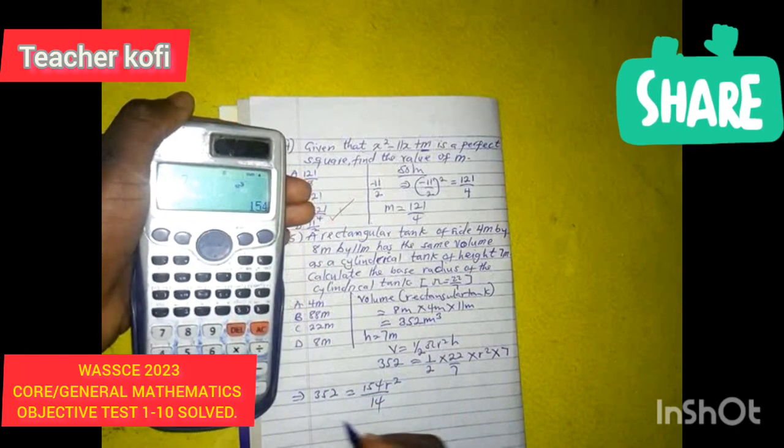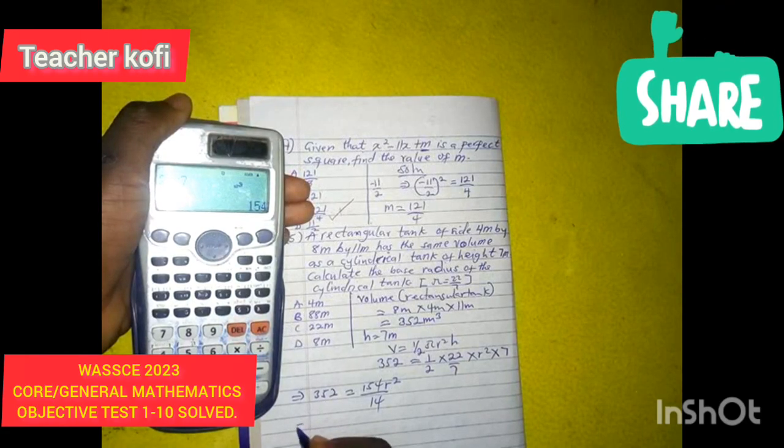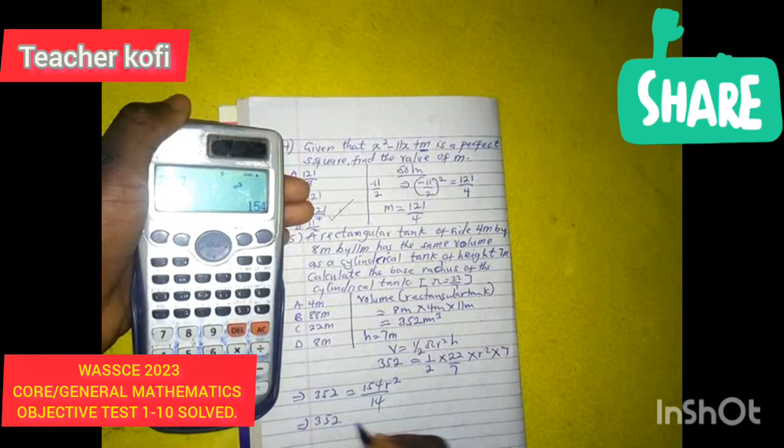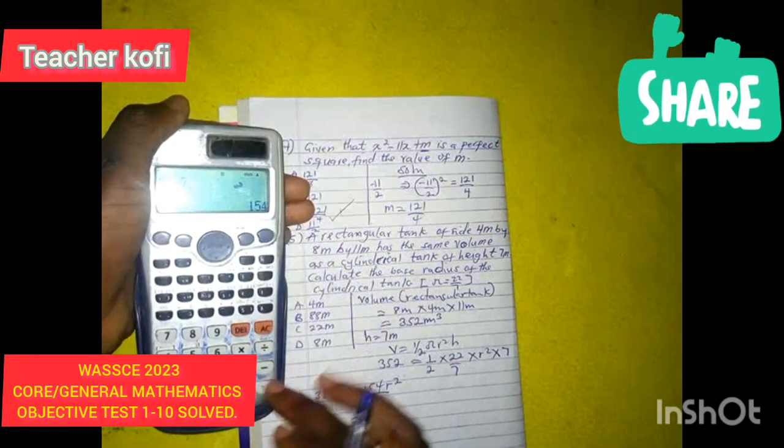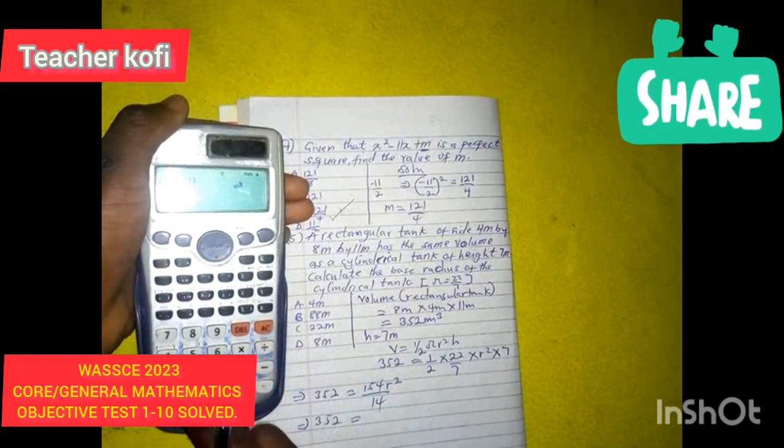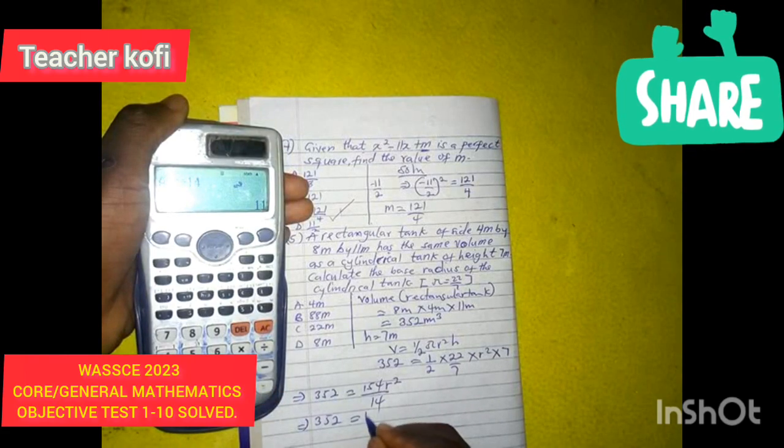So now it's 352 equal to 154 divided by 14, which will give us 11 r squared.